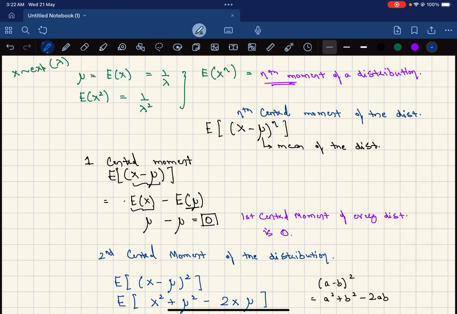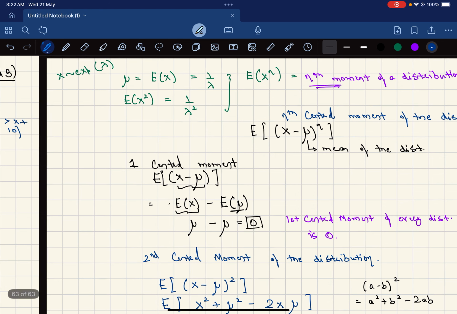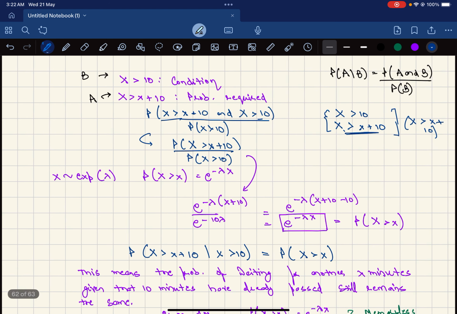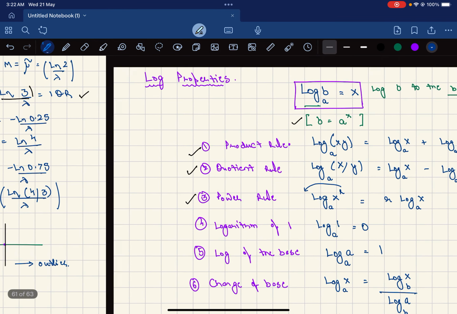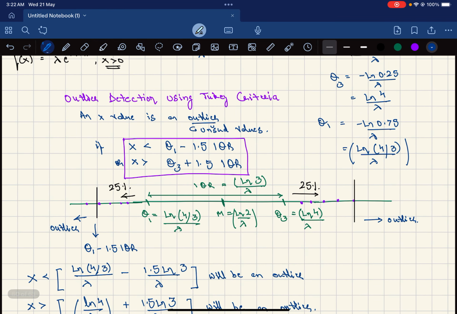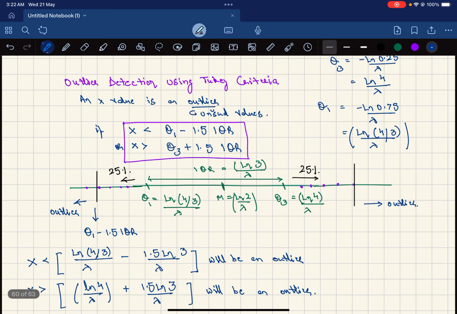So in this session, we first looked at some log properties, based on which we used the Tukey criteria for outlier detection. In there, what we saw was any value of the distribution that is less than Q1 minus 1.5 times the IQR, which is the interquartile range, is considered an outlier from the left side, while those values which are greater than Q3 plus 1.5 times the IQR value are considered outliers on the right side.